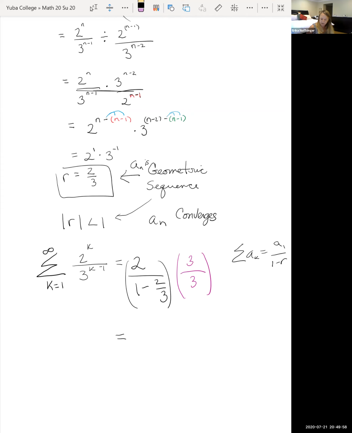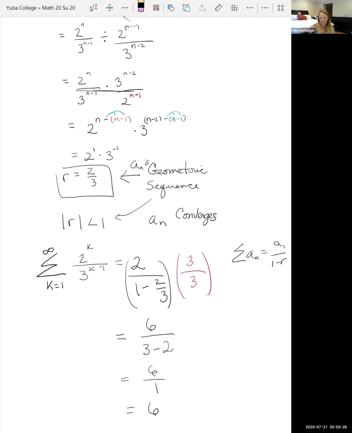And we get 3 times 1, which is 3, minus, well, 3 times the 2/3, the 3 cancels, just leaving us with a 2. So this will give us 6 all over 1, or 6. Okay, so if you found an infinite number of terms using that sequence, which would take you forever, and you summed them, which would take you forever, you would find that that was equal to 6.